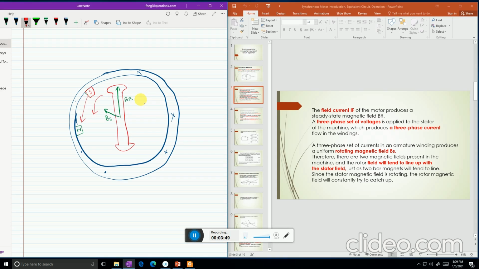It is the same as when we bring two magnets close and one magnet tries to catch up with the other. The same phenomenon occurs inside the synchronous motor: the rotor magnetic field tries to catch up with the stator magnetic field, and as the stator magnetic field is rotating, the rotor also starts rotating.